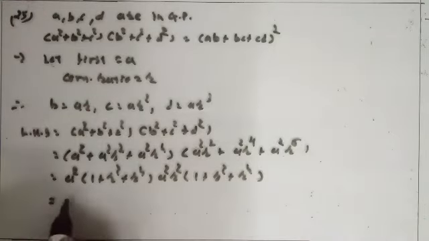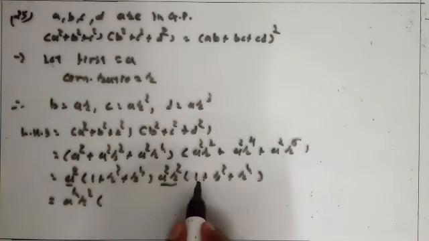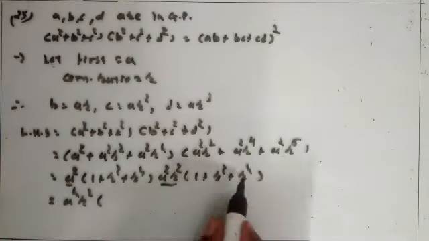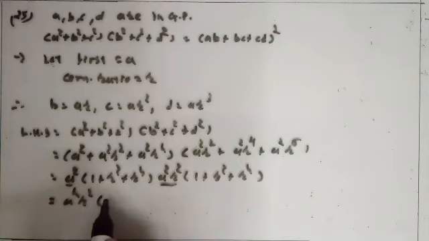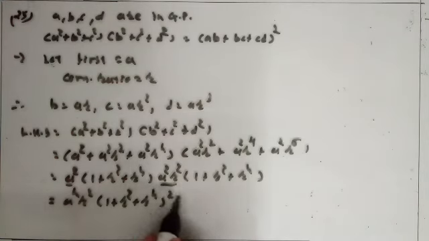So is equal to a raised to 4 r square, the product of a square and a square r square, a raised to 4 r square into 1 plus r square plus r raised to 4 into the same term 1 plus r square plus r raised to 4, is equal to (1 plus r square plus r raised to 4) raised to 2.